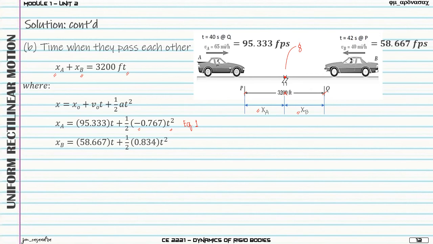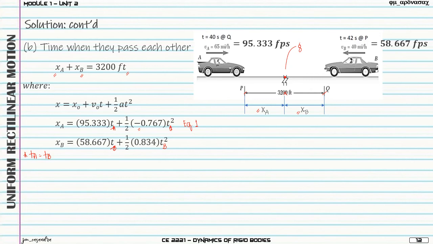So we have T here for A and T for B is the same. So if you want in your solution, you can write also TA here, TB here. But you have to take note that TA is equal to TB since it's the same time that they will be at the same point.